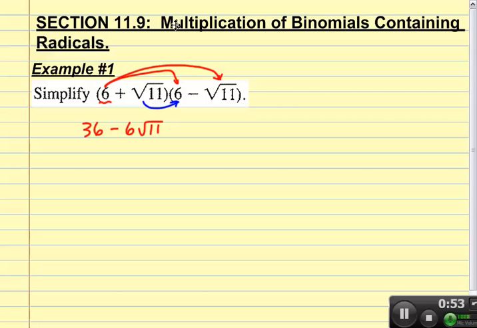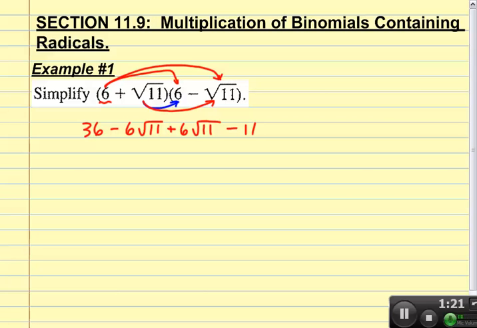So that's going to give me plus 6 square root 11. And then I'm going to multiply positive square root 11 times negative square root 11, which is going to give me negative square root 11 squared. Wait, when I square a square root, I just get the number underneath, right? Okay. So I'm just going to write negative 11.